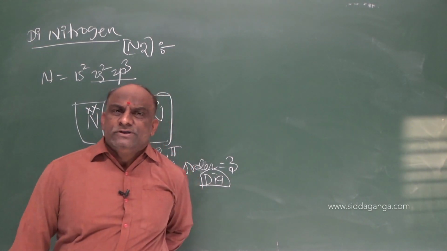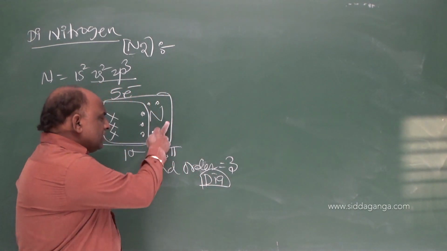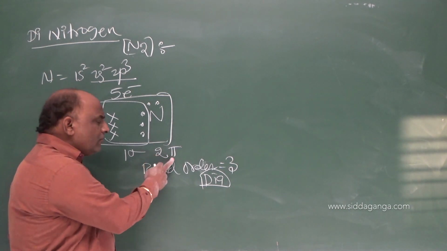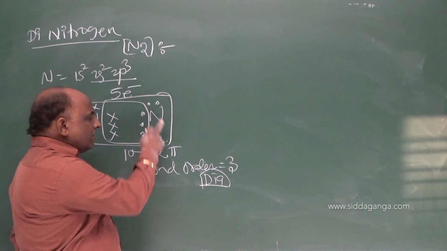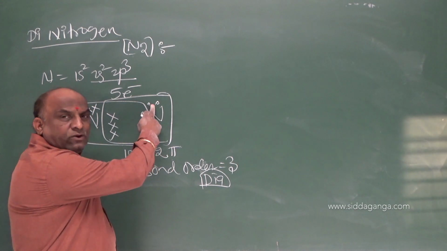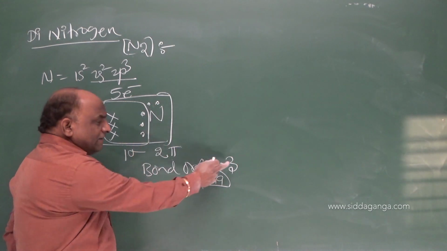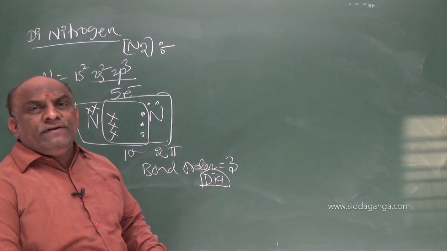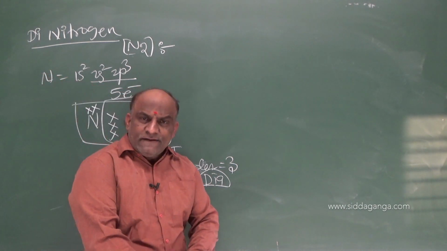Between 2 nitrogen atoms, a triple bond takes place. In the triple bond, one is a sigma bond and the remaining 2 are pi bonds, with partial overlapping, and it contains one lone pair. The bond order is 3, and this compound is an example of a diamagnetic substance.